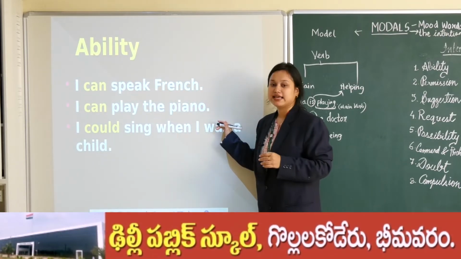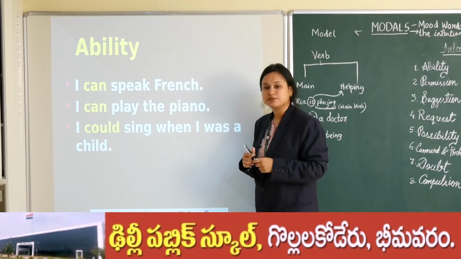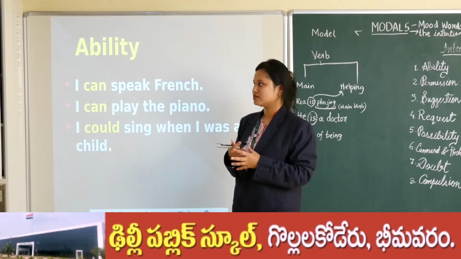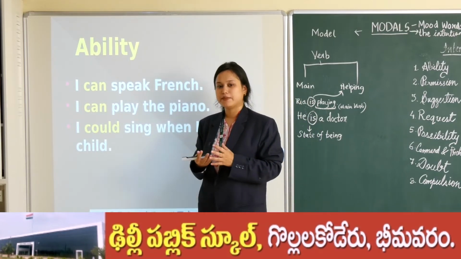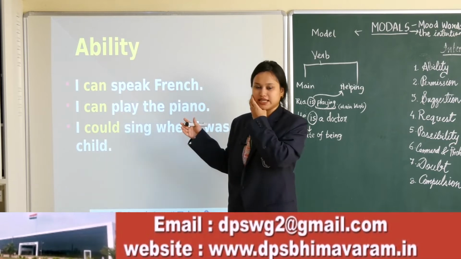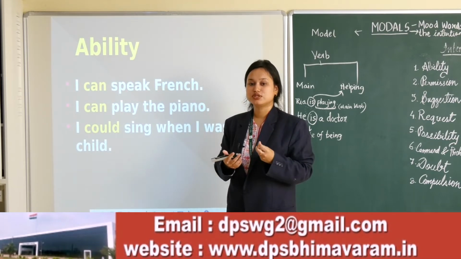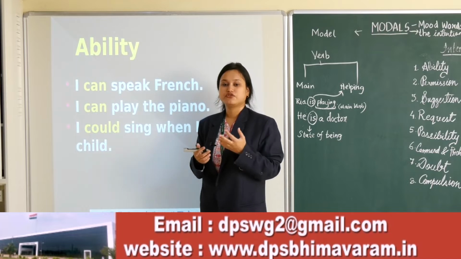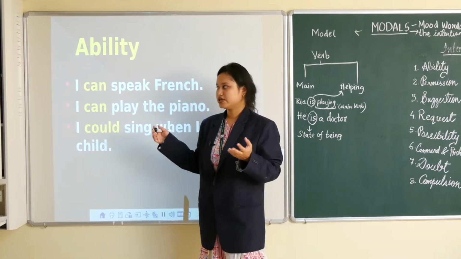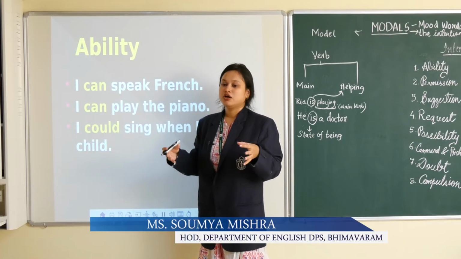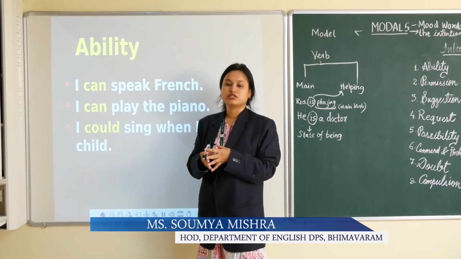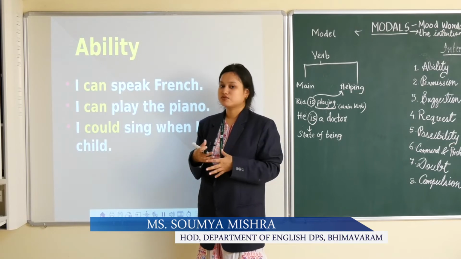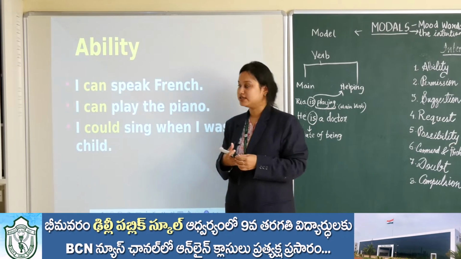First one, ability. Ability means capability, someone's talent. I hope you understand what ability is. Someone is able to do something, that is their ability. Someone has the ability of writing in very good handwriting. Someone has the ability of organizing a project or decorating a project very nicely. That is capability or ability, right?